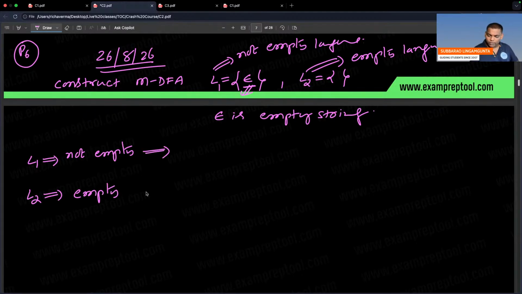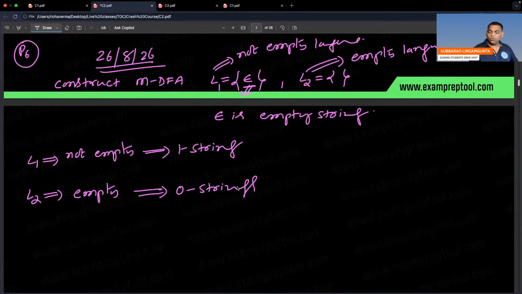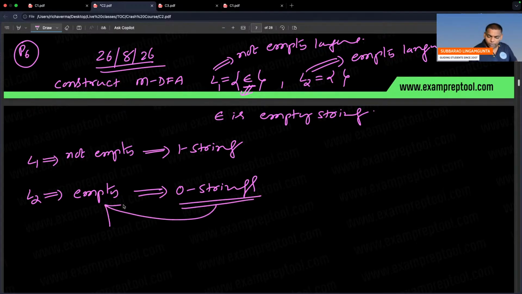One more point: L1 contains one string, L2 contains 0 strings. Because it contains 0 strings, it became an empty language. Because it contains one string, it became a non-empty language.